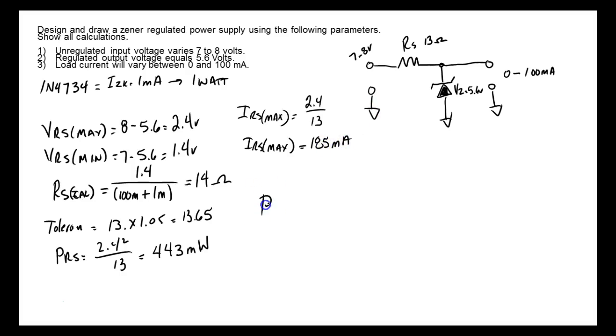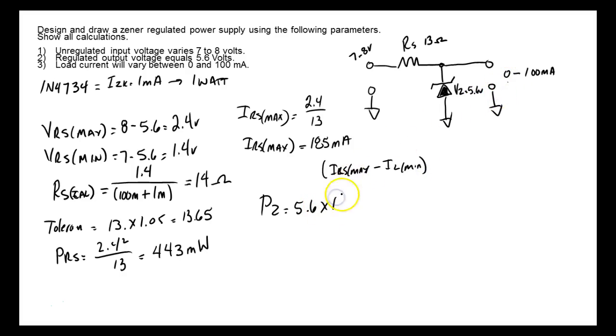So I can calculate the power of my Zener. I'll use the Zener voltage 5.6, and then I'd multiply that times, and the formula is the I of the load, I'm sorry, IRS max, right? Minus I of the load minimum. What's I of the load minimum? 0, right?